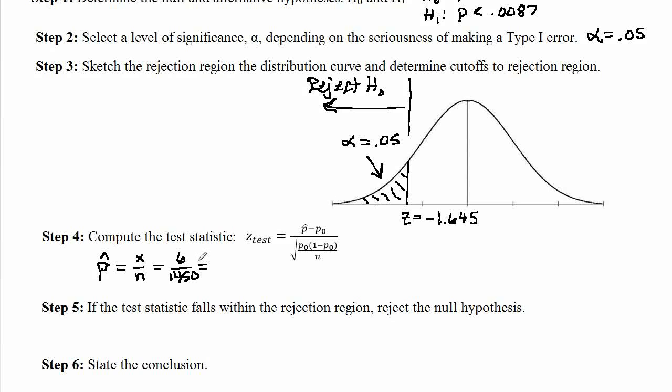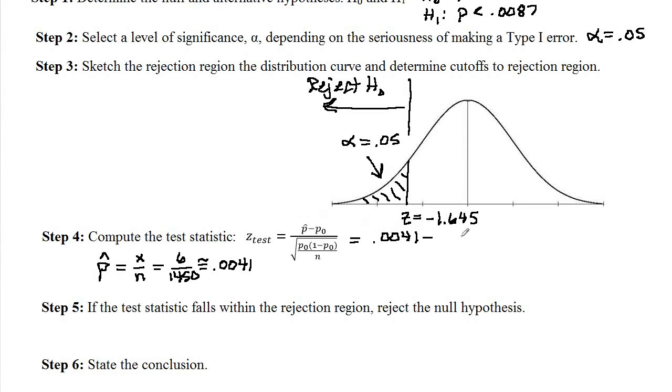Which is approximately equal to 0.0041. And I'll keep 4 decimal places there because our population proportion had 4 decimal places. So let's go ahead and do our plugins here. So our p hat is 0.0041.